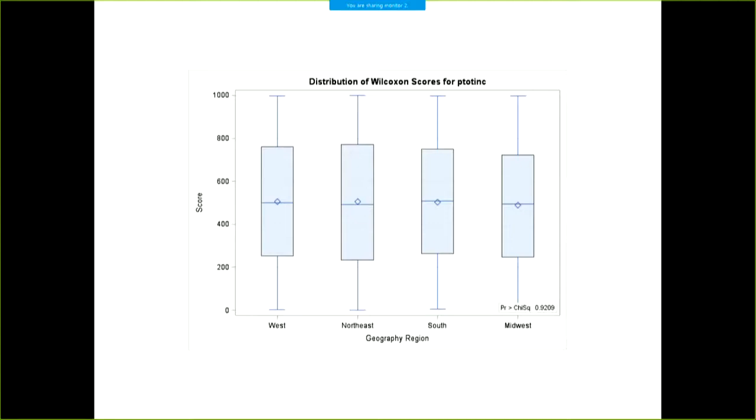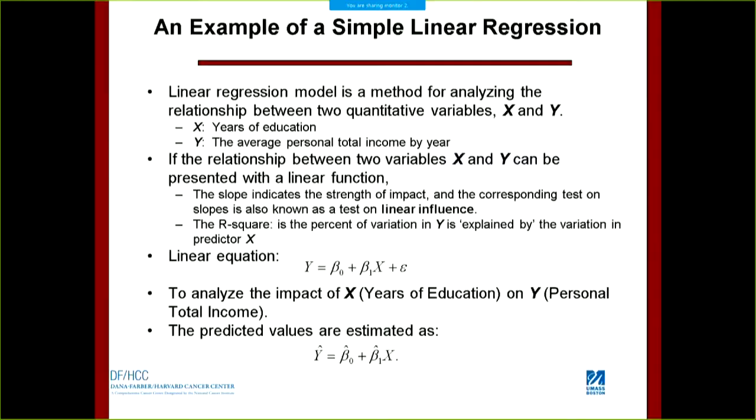Okay. Now the next model we're going to talk about is the simple linear regression. So there are 2 variables, both are continuous variables. For example, the outcome variable here is the average of the personal total income by year, and the x variable here is years of education.